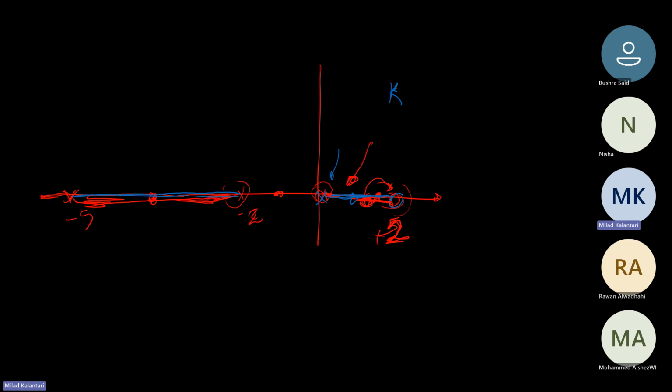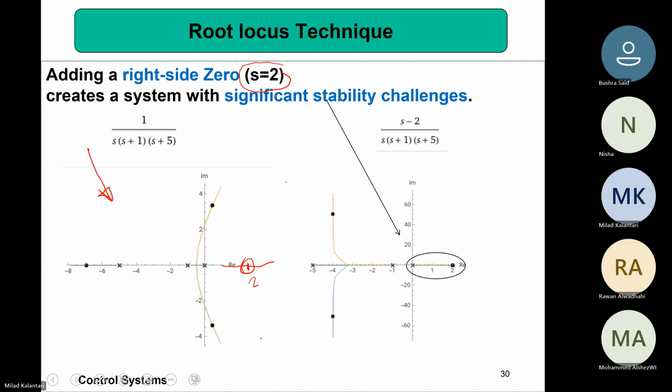So in fact, if you have this right side zero, then you cannot stabilize the system, right? You can easily find this, even without needing to go to the next level of equations. So what is shown here is basically that this pole starts moving to the right side of the zero, right?